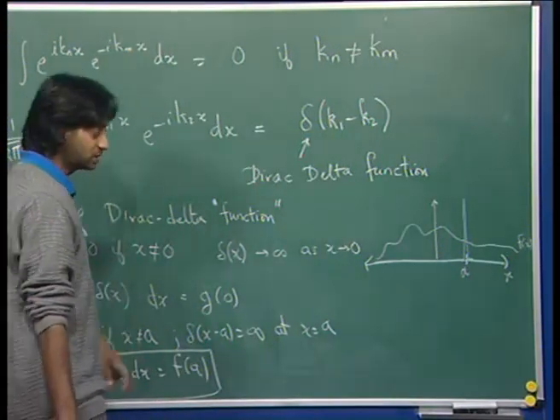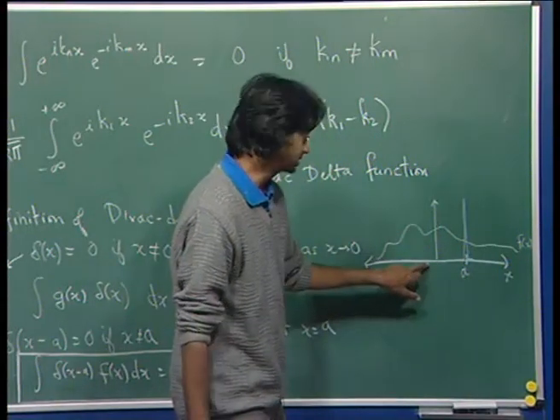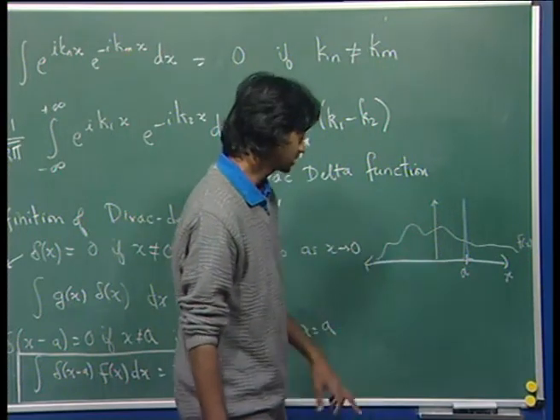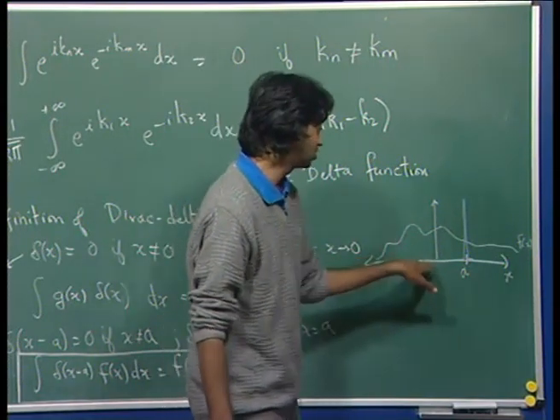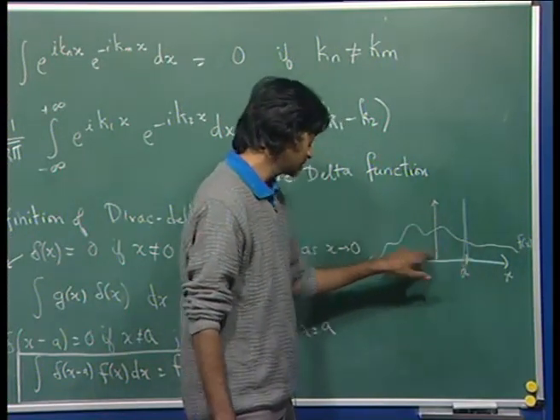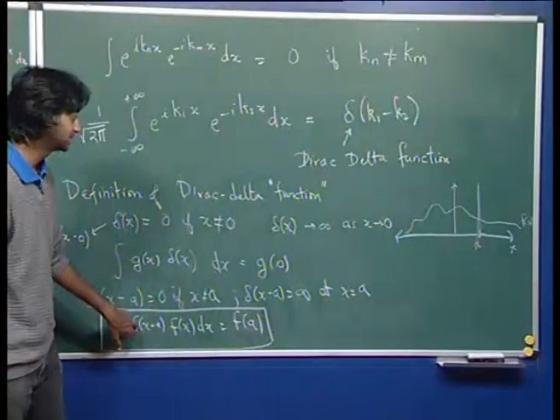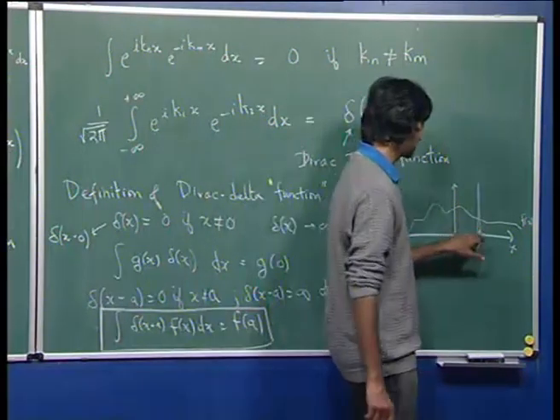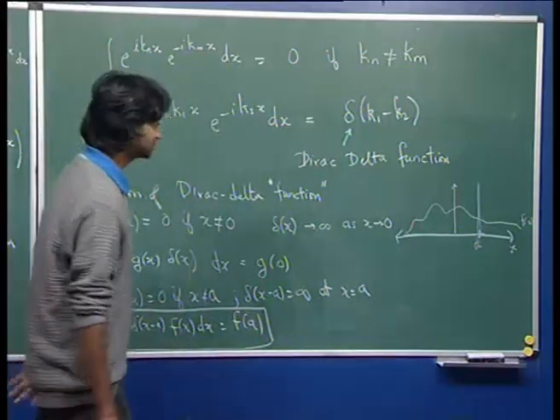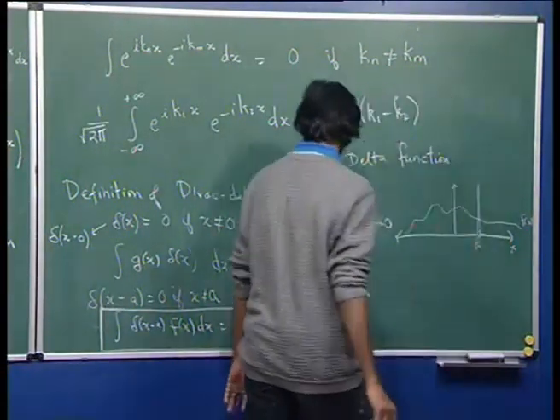Now when you multiply f of x by this function, the product will be 0 everywhere except in this small region, and in this small region f of x is constant at f of a.